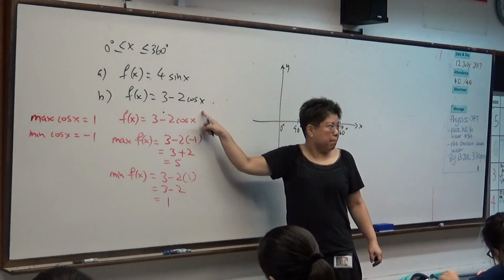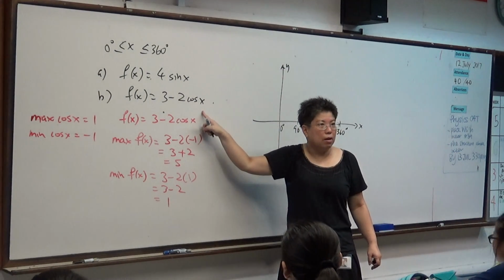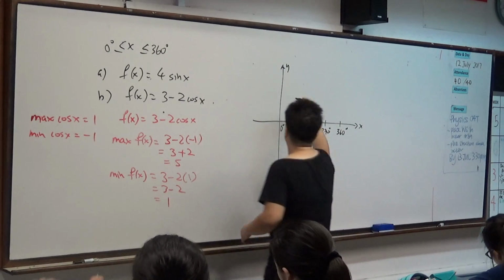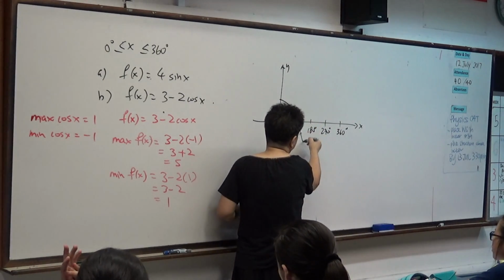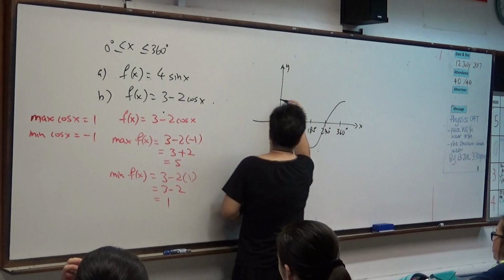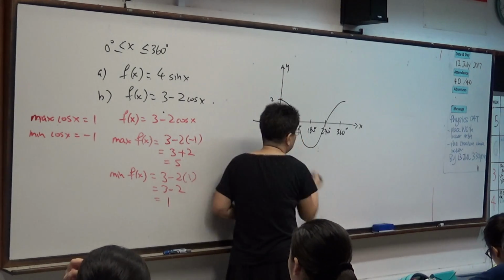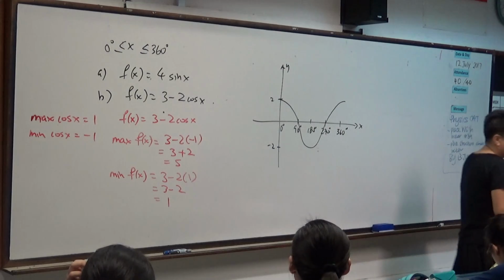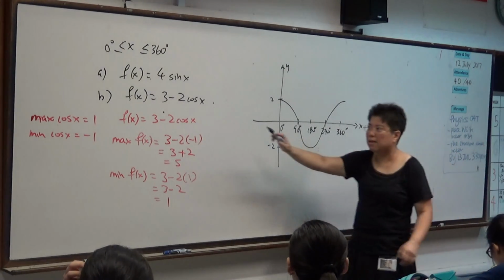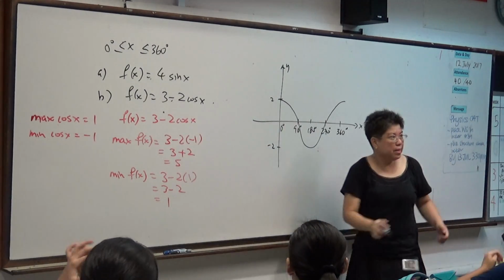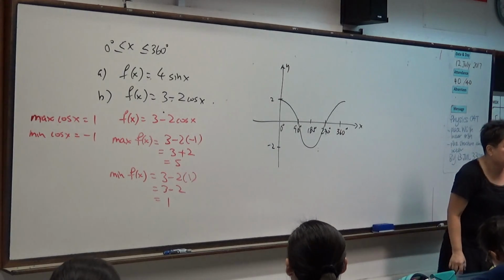2 cosine x, right? 2 cosine x, that means it will go like this, right? But this one is bounded by 2, right? Alright. But, what is this? Negative 2 cosine x, right? So it should be what?